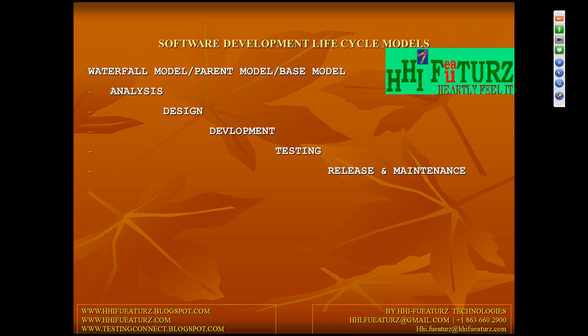Whether it is agile methodology, fishbone model, spiral model, or rapid application development model, all these five phases you are discussing here, you will come across in a slightly modified way. That's why you consider waterfall model a parent model.